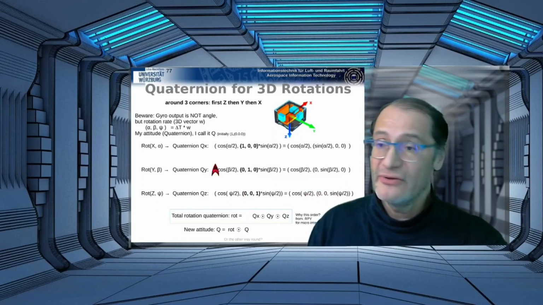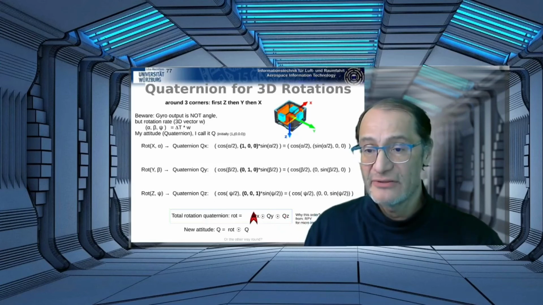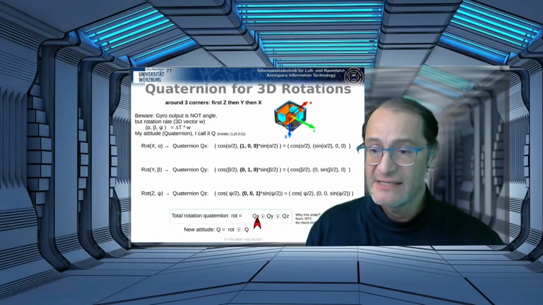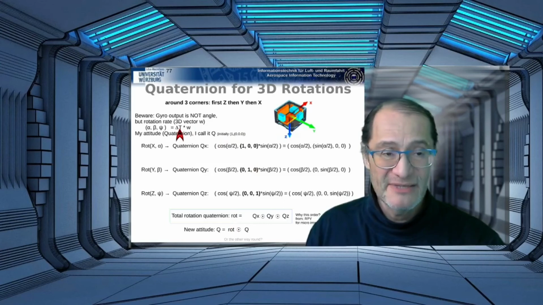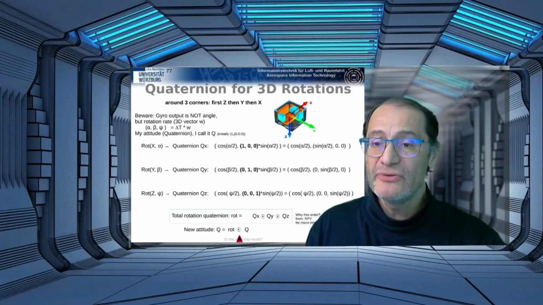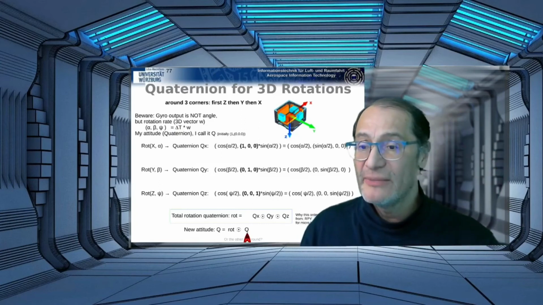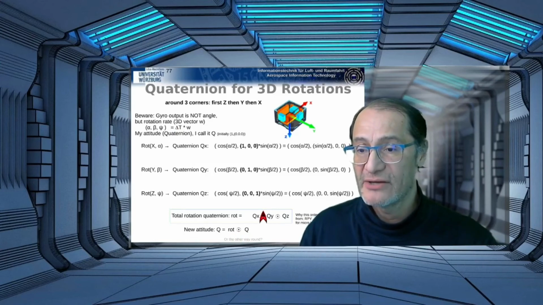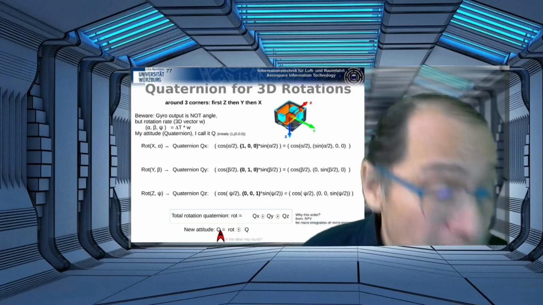And the total quaternion of these three rotations is first the rotation of Z written to the right, times the rotation in Y, times the rotation on X, and this will be the total quaternion, my rotor, for this time step. Okay, and now the total attitude will be the old attitude, I'm going to call my attitude Q, multiplied by the rotor. Now I have my current attitude in a quaternion representation.